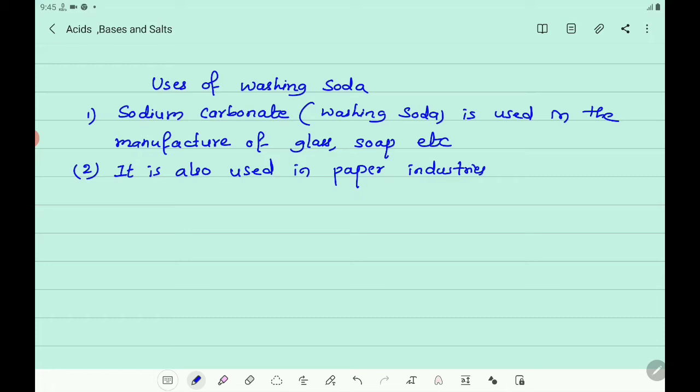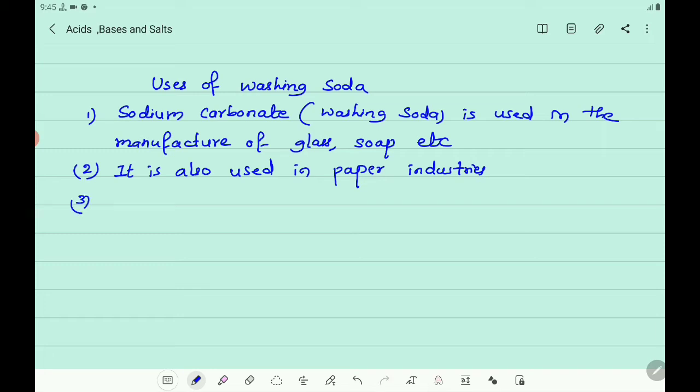Here the first use we have taken is in the manufacture of glass. To manufacture glass, washing soda is required, and also to make soap, washing soda is required. Here the word washing is there. It is one of the cleansing agents. Then you take the third one.